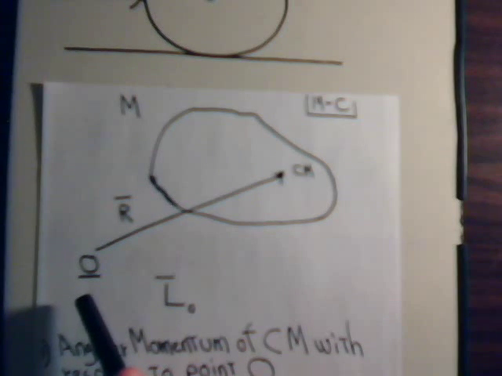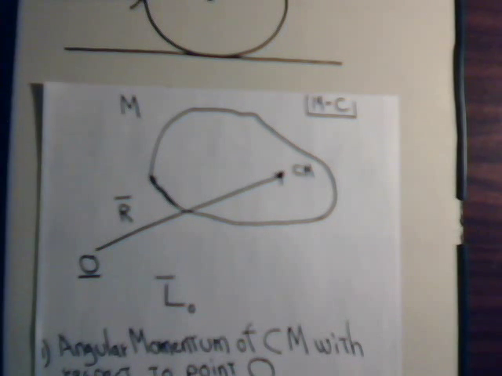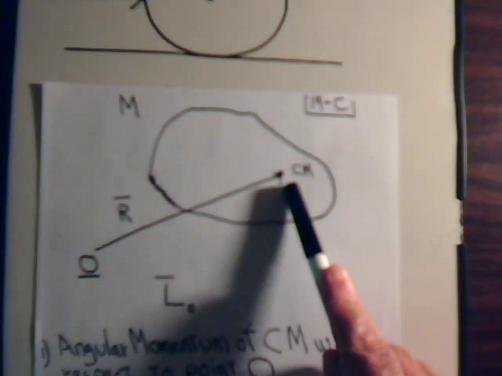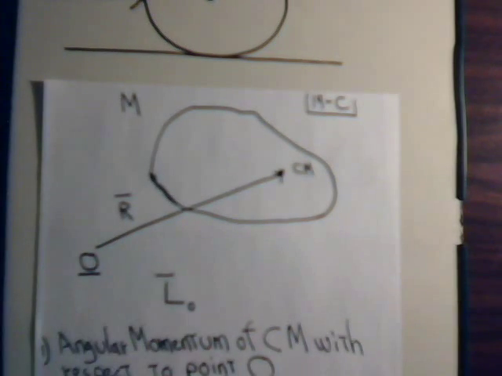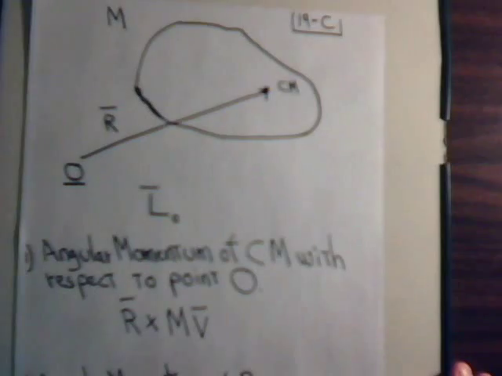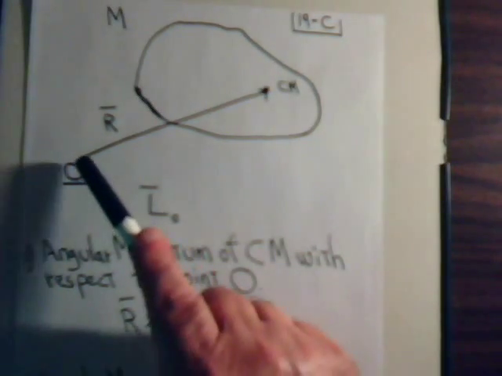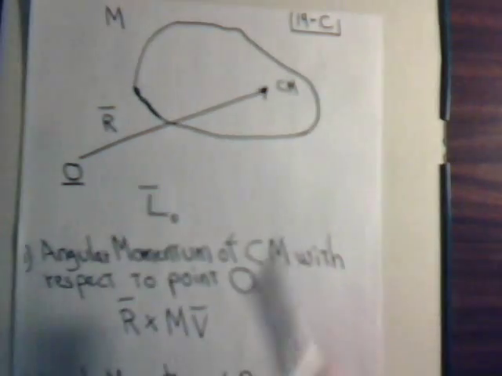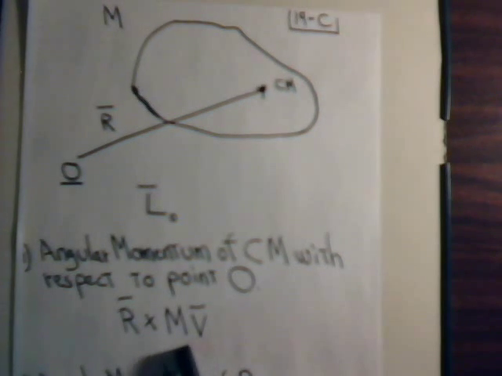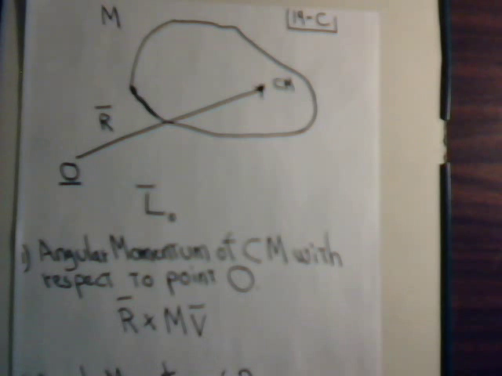The first component is the angular momentum of the center of mass with respect to point O, and of course that's just going to be the cross product of this position vector with the momentum of the center of mass, the total mass of the object times the velocity of the center of mass.